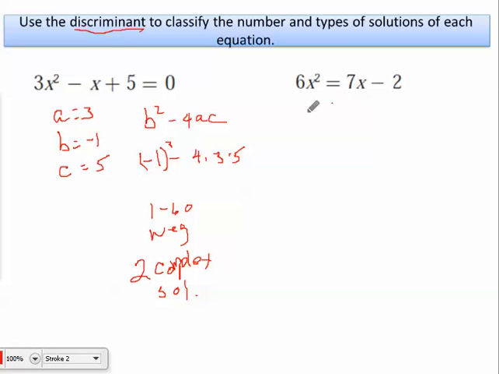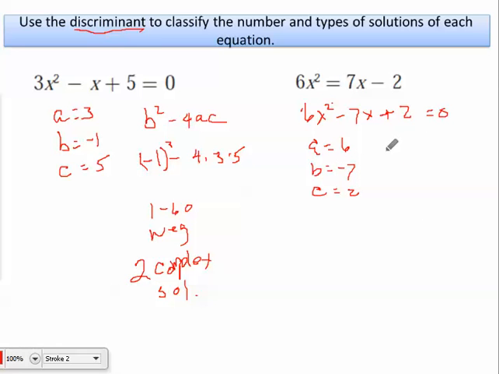Looking at this equation, 6x squared minus 7x plus 2 equals 0. A equals 6, B equals -7, C equals 2.